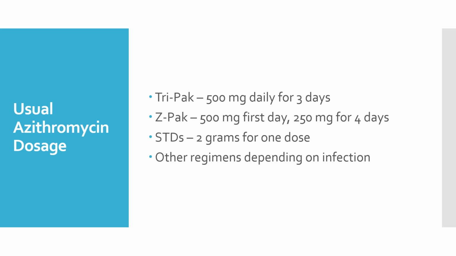What's the usual dose? Well, the tri-pack is a 500 milligram tablet, and it's just taken once a day for 3 days. Z-pack, in the area where I practice, is by far the most common. You take 250 milligram tablets the first day, so 500 milligrams the first day, followed by one a day for 4 more days. Treatment for STD is often a 2-gram one-time dose, which is 1 to 2 grams depending on the infection.